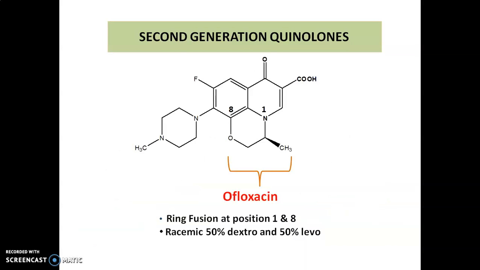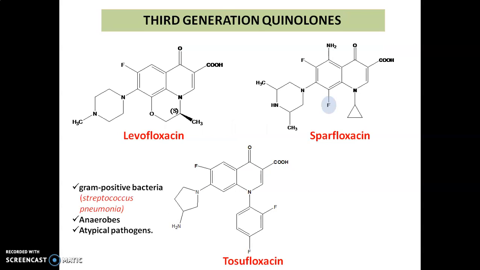Another example of second generation fluoroquinolones is ofloxacin. In ofloxacin, there is a ring fusion at position 1 and 8, and it is a racemic mixture, that is 50% dextro and 50% levo. Third generation fluoroquinolones examples are levofloxacin, sparfloxacin, and tosufloxacin.